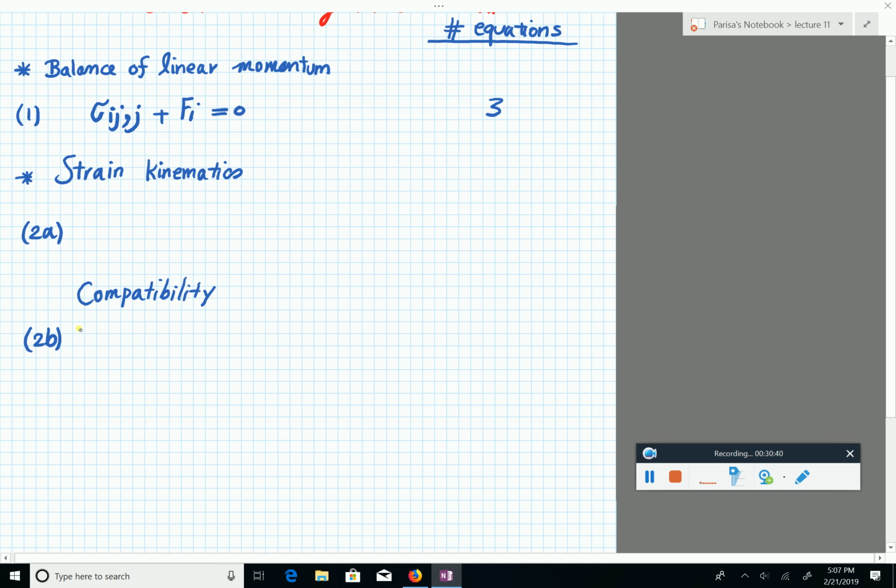And I told you that, how many independent? 6. That's right. So this is when I let K equal L, and this is 6 equations. I'll tell you in a moment why I have 2A and 2B.